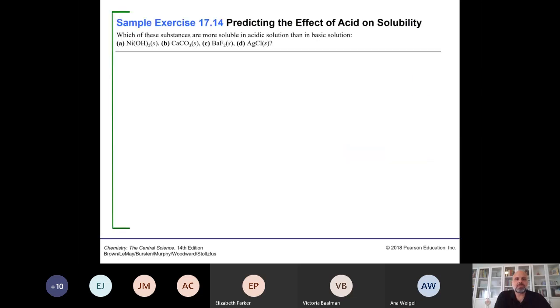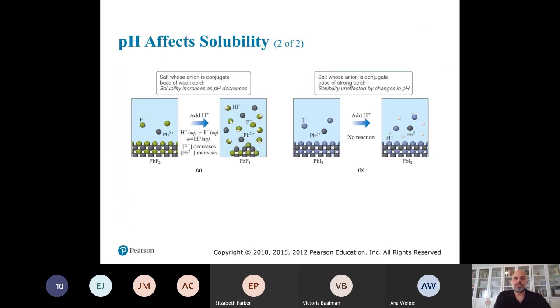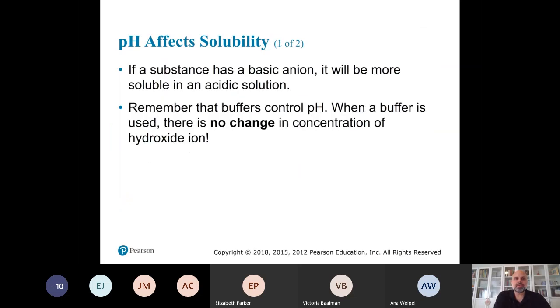So understanding pH, so predicting the effect of acids on solubility. You do need to understand this one, and that's where we started. So of what we covered today, this first section and the last section, I will leave open for questions. But the ones in between, I will not.